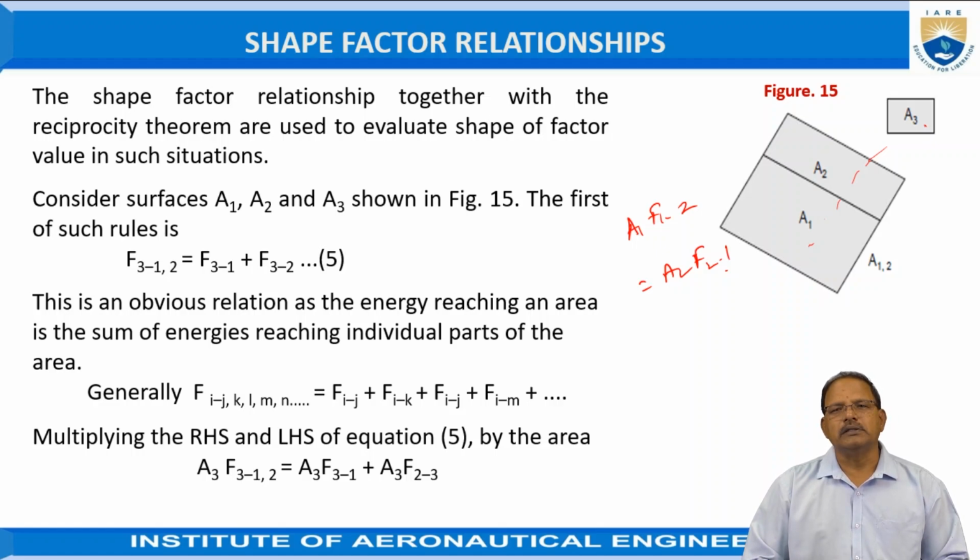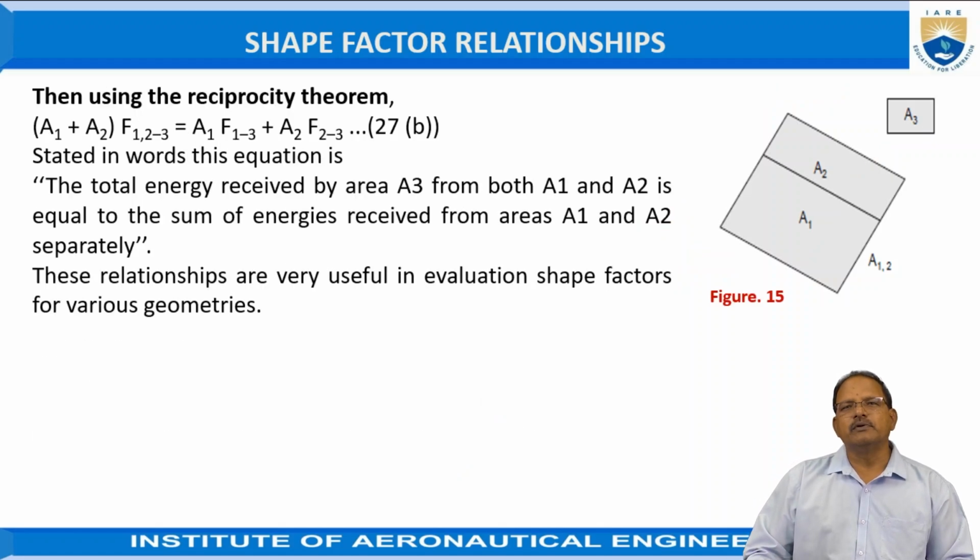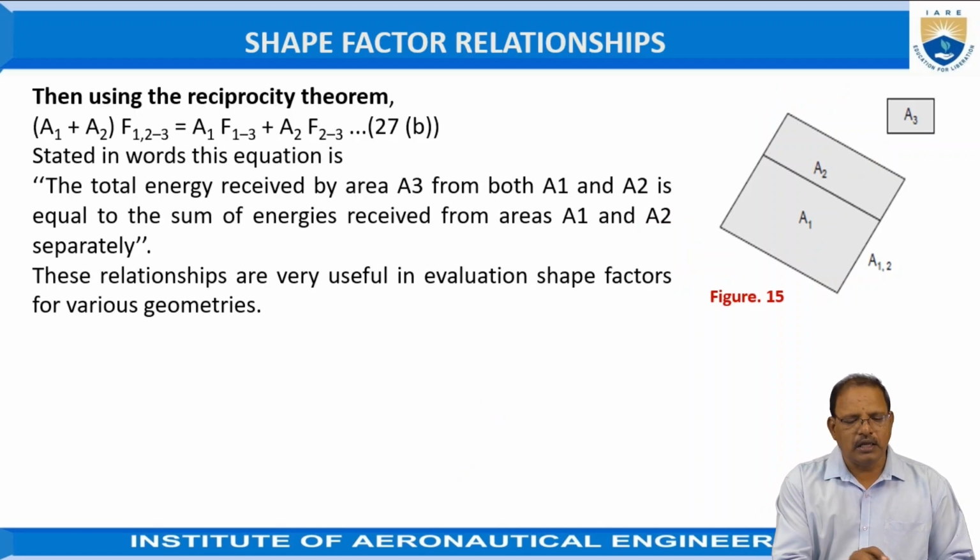Multiplying the RHS and LHS by the areas, and using the reciprocity theorem, (A1 plus A2) F(1,2)3 is given by A1 F13 plus A2 F23.